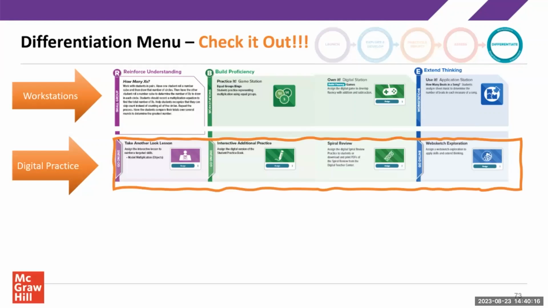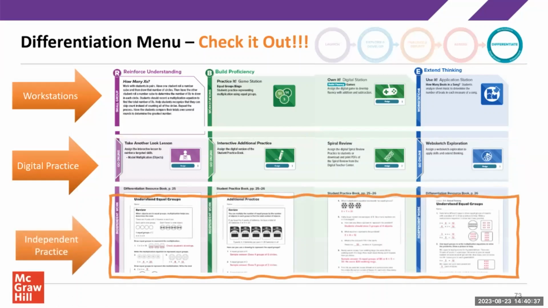And then there is additional interactive practice online. There's a spiral review. And then many times there's a fantastic web sketch exploration or a STEM activity to help extend their thinking online. Now, what happens if you want to do some individual practice? Well, no worries there, because also embedded in our differentiation, you'll find that independent practice.